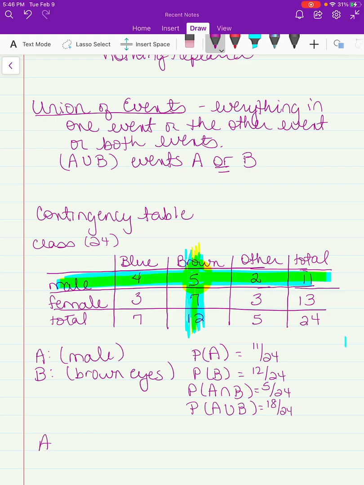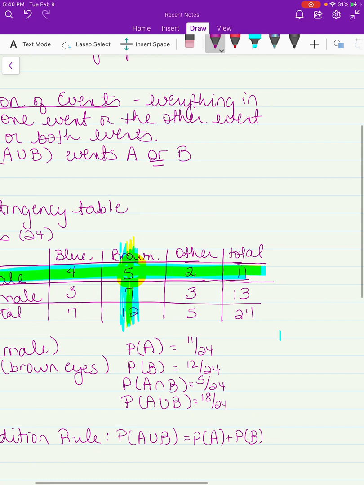So we have something called the addition rule. And the addition rule says the probability that A or B happens is the probability that A happens plus the probability that B happens, but you don't want anything in there twice. And since that 5 is added into both the male and the brown, we would not add it twice.